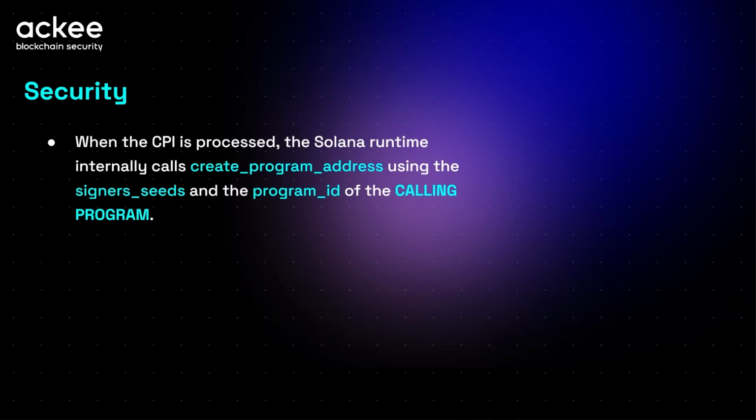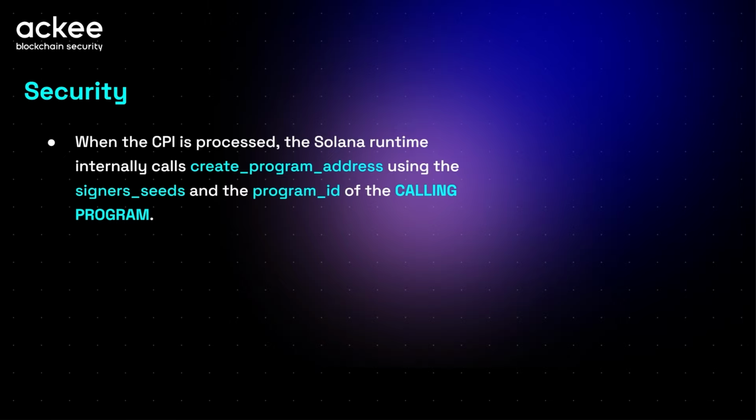So if your PDA is derived from some seeds, then the bump and the program ID, this is often, or always, the program ID of your program. If the PDA corresponds to the account that stores data of your program, then this program ID is going to be the program ID of your program.